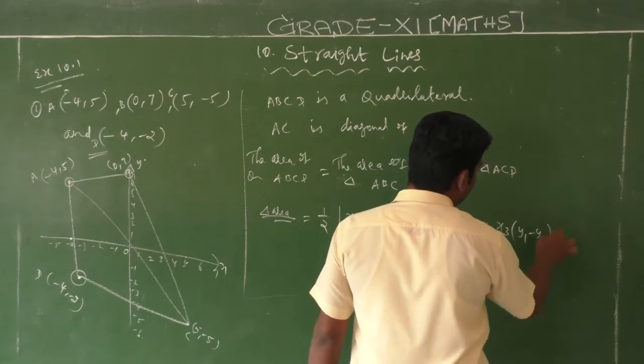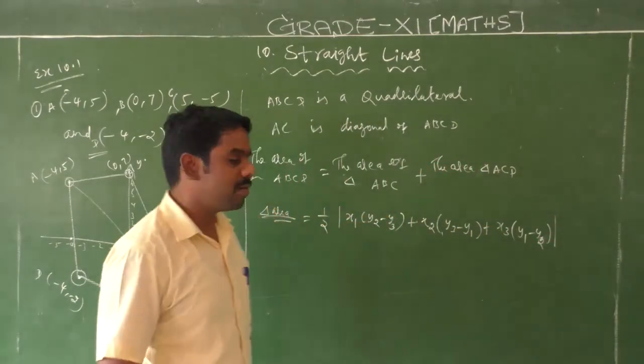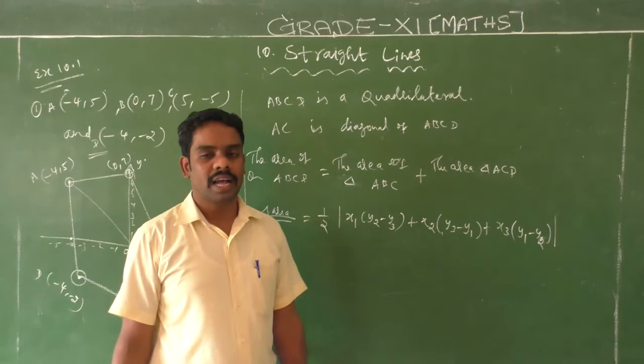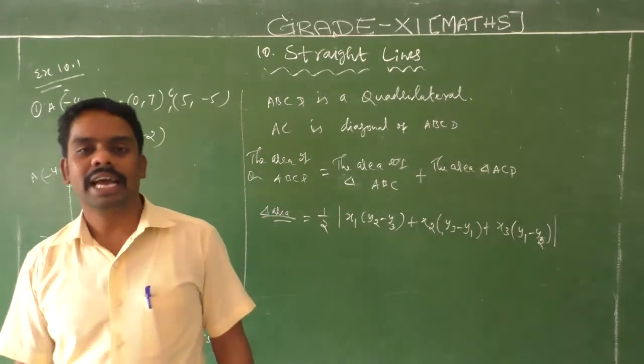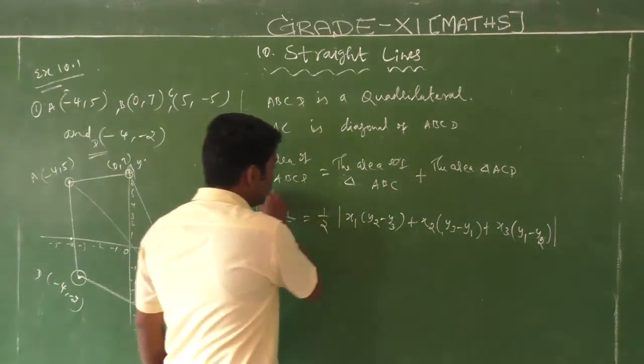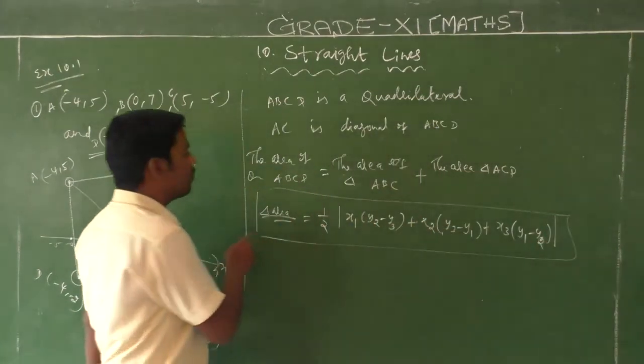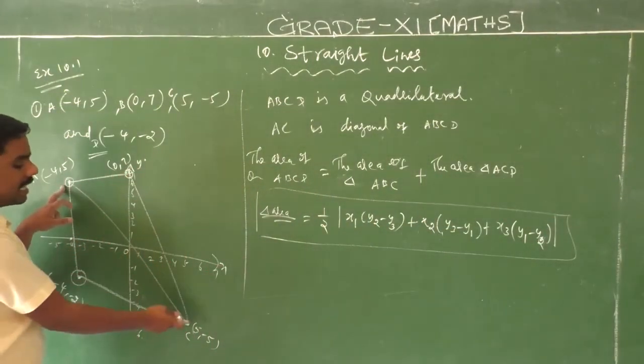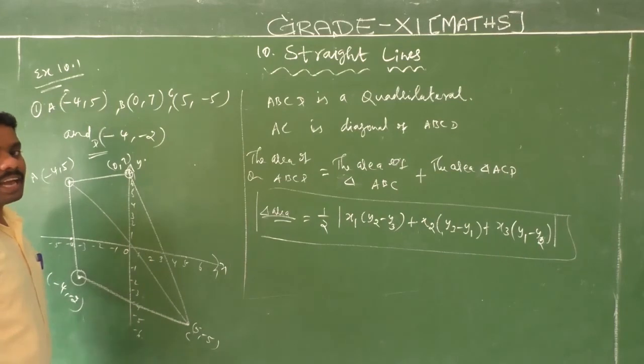This is the area of triangle formula, where the vertices are (x1, y1), (x2, y2) and (x3, y3). Find the area of triangle ABC.